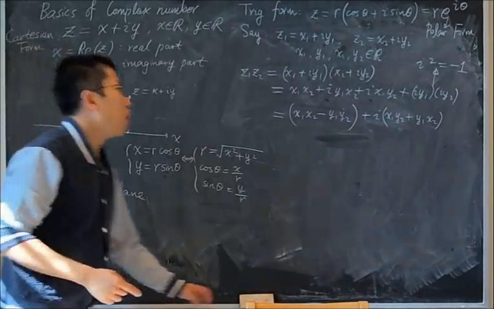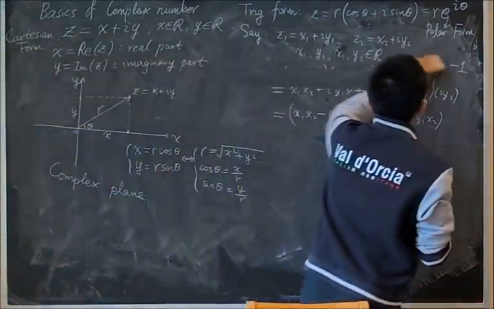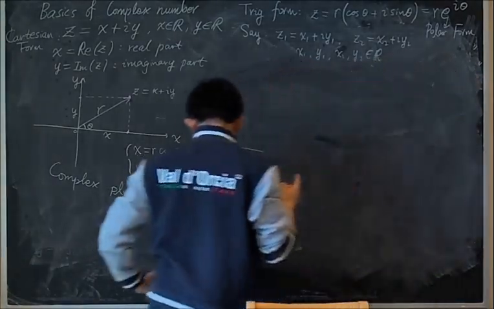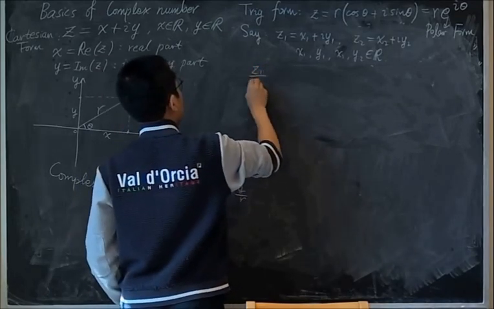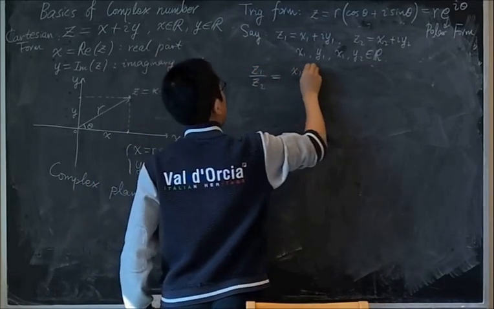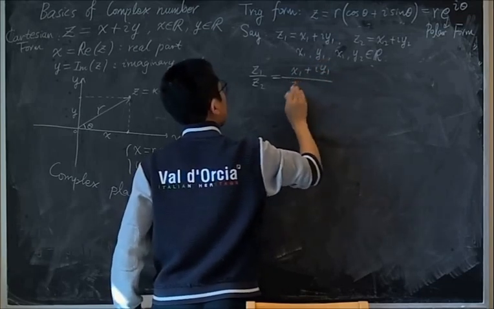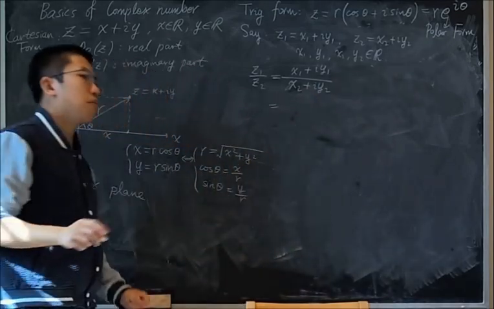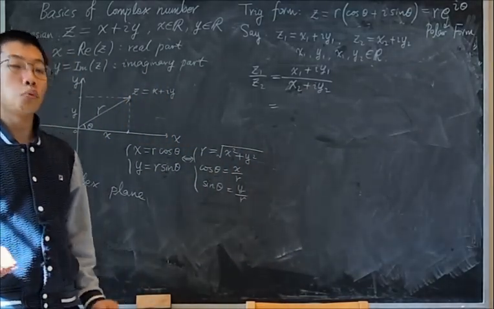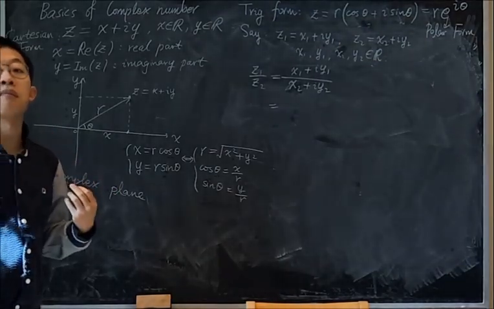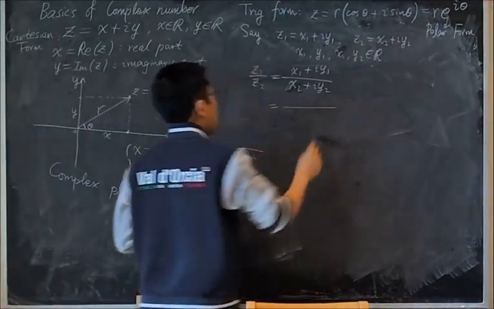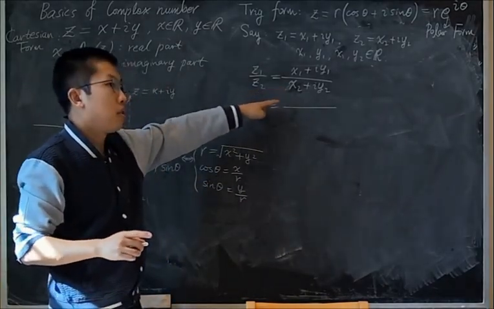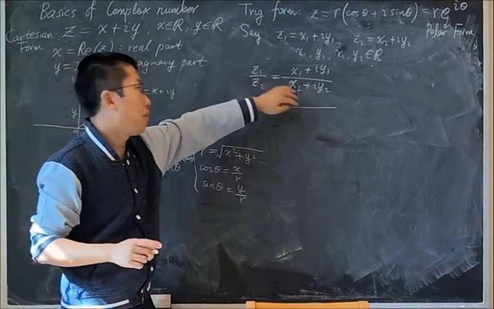Now, let's think about division. To do division, if we just stick with the original form like this, it might be a little bit difficult to convert it into a very explicit Cartesian form. So we have to be a little bit clever here. The trick is to get rid of the imaginary part of the denominator, to actually make the bottom part real.